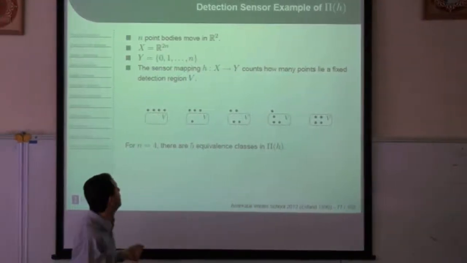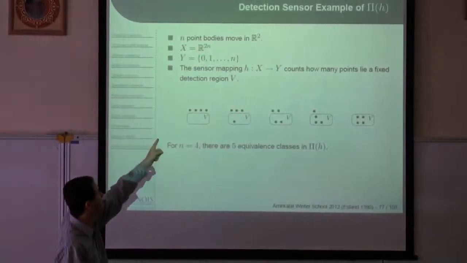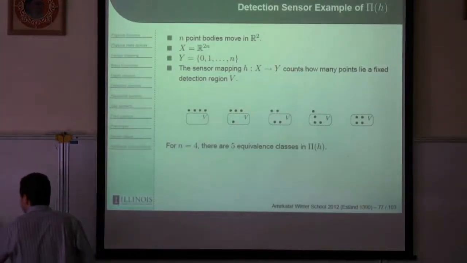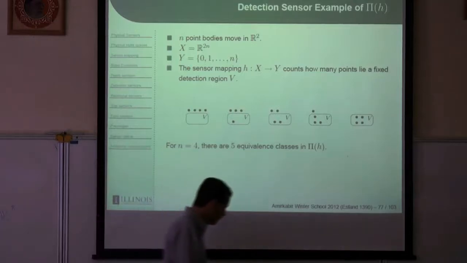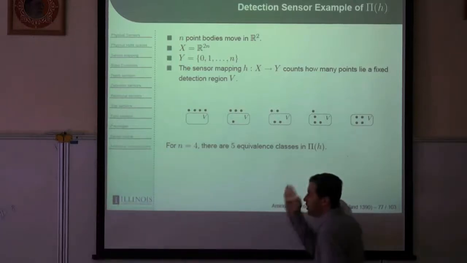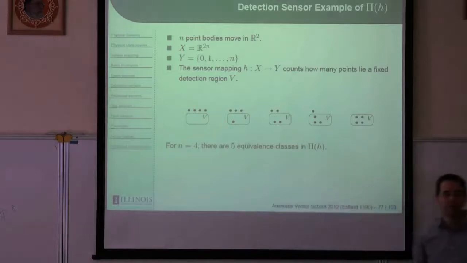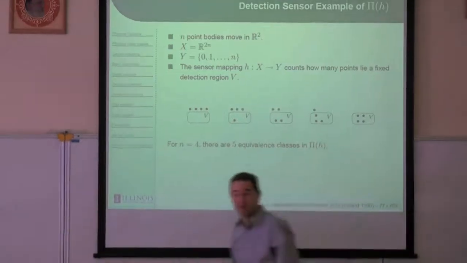What would the state space be in this case? If there are 4 bodies, then the state space is R^8, so X equals R^8 in this case. And the sensor is chopping R^8 into 5 pieces. These are the slices of bread, if you like, for the state space.